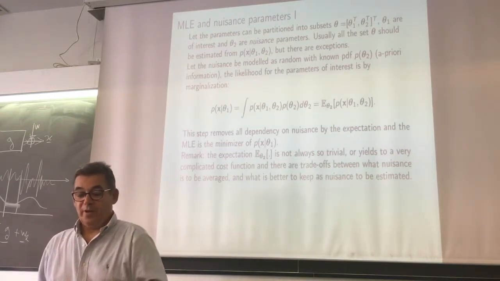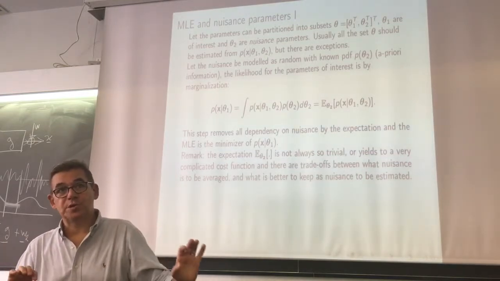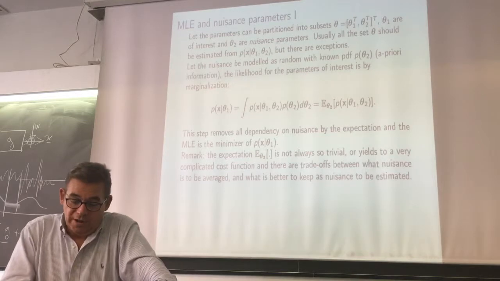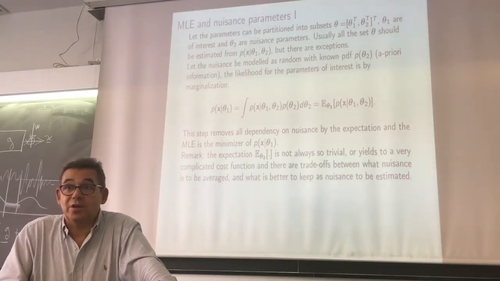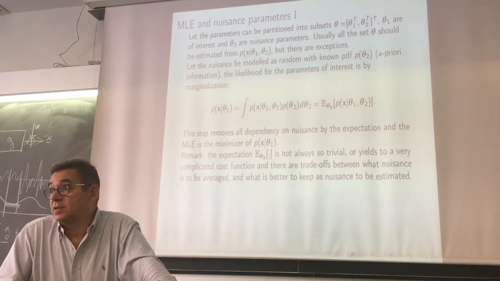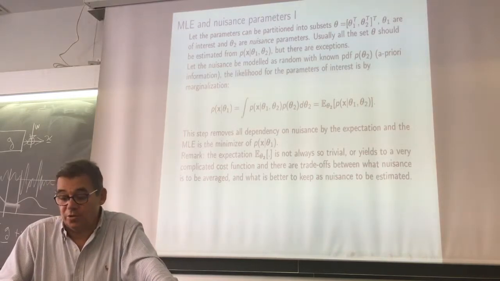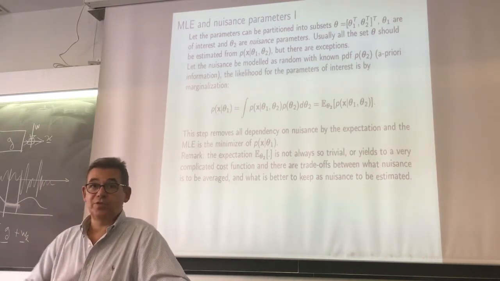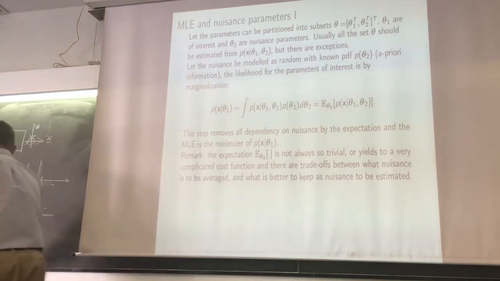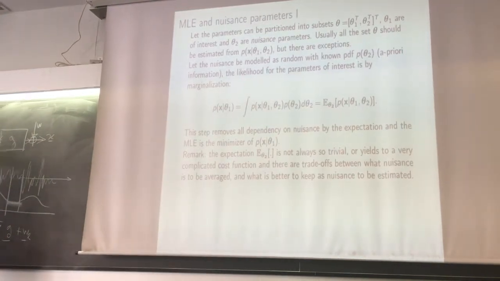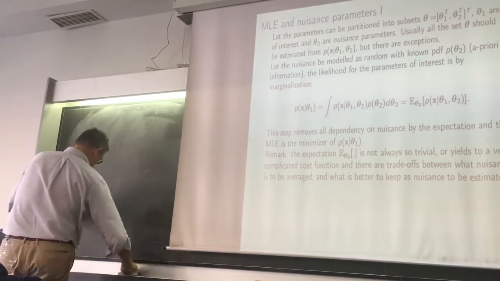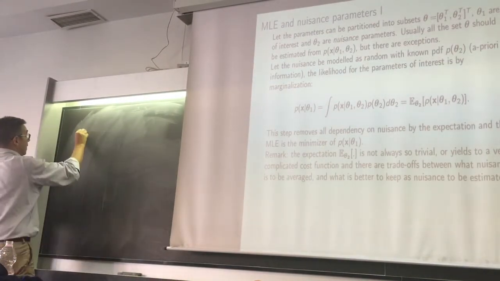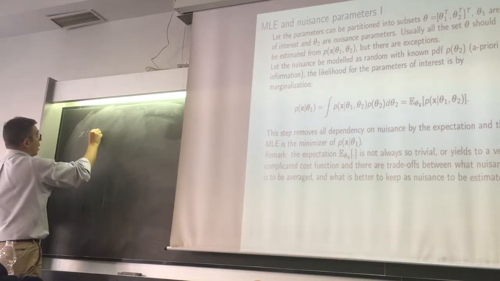Now, how to handle nuisance? There are two ways. The simple way is that I estimate the nuisance as well. So, remember, amplitude, phase, and frequency. Just to keep in mind, because we will make it. So, sinusoid x[n]. Let's make it complex.